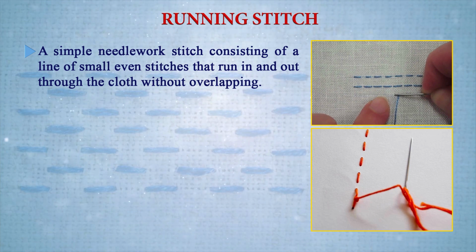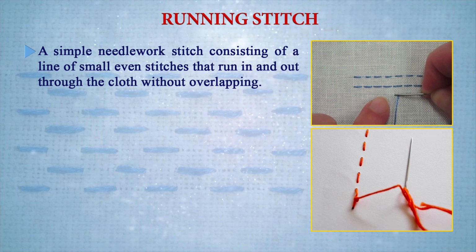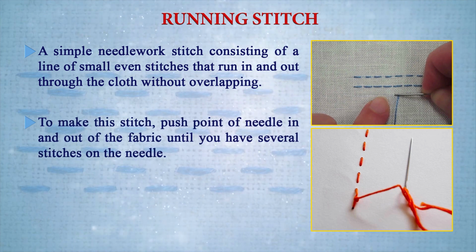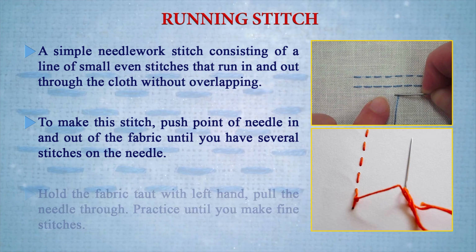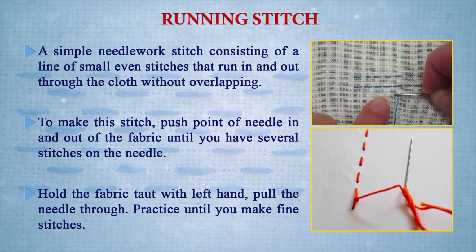We just make simple and even stitches on the fabric and it is called the running stitch. To make this stitch, push the point of the needle in and out of the fabric until you have several stitches on the needle. Then hold the fabric taut with the left hand and pull the needle through. With practice, you can make fine stitches.